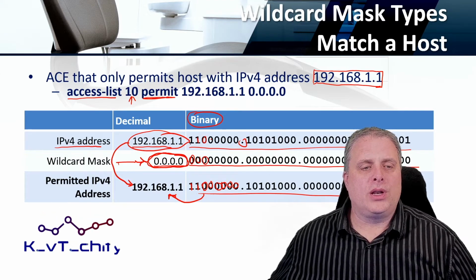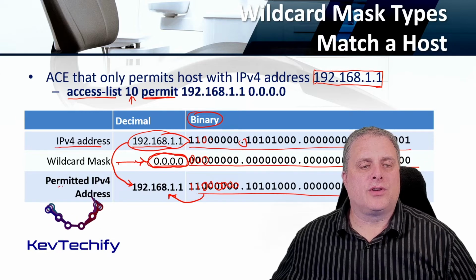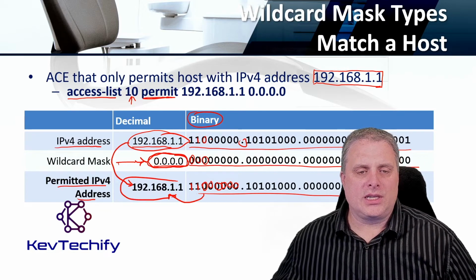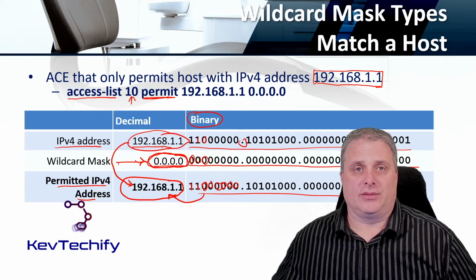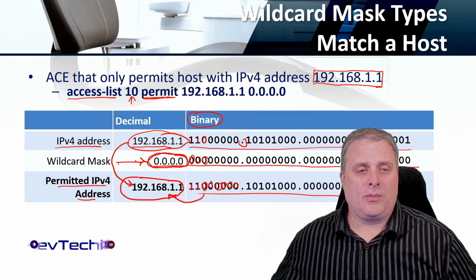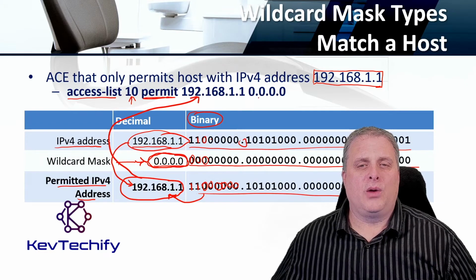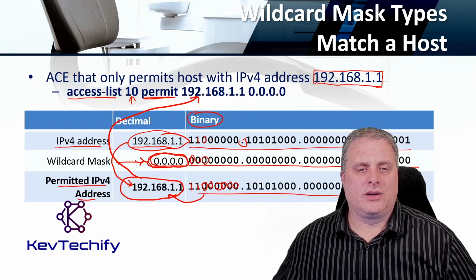And then we put in our permitted IP version 4 address. We put in this value. This value, once again, is based off of the matching of our wildcard mask and the address we were given. That number right here fills in right there. And then we put in our wildcard mask from right here. That follows in there.